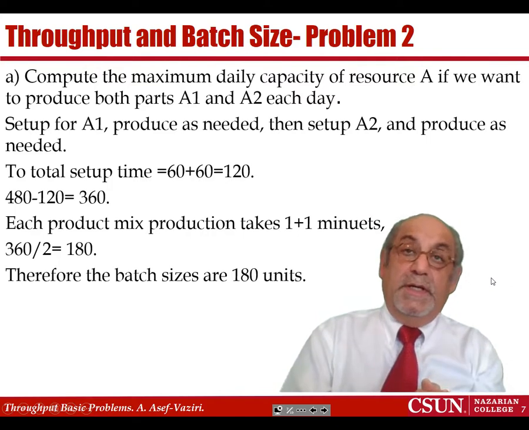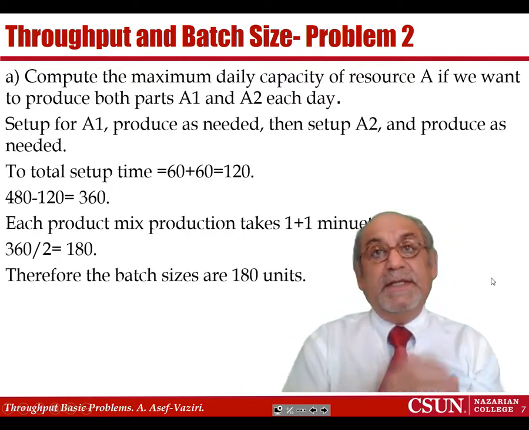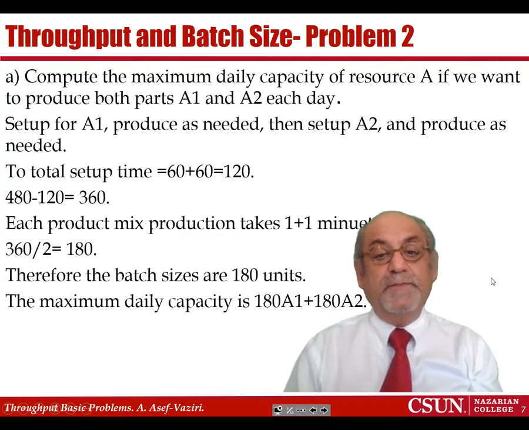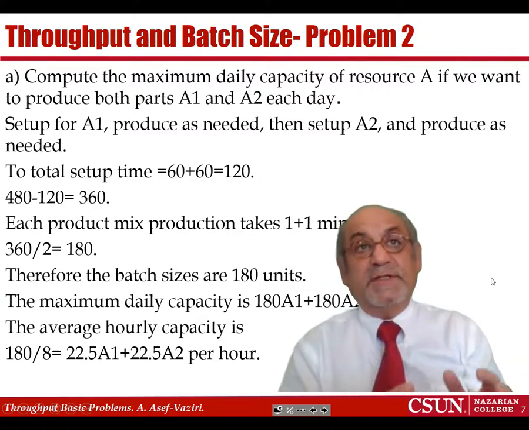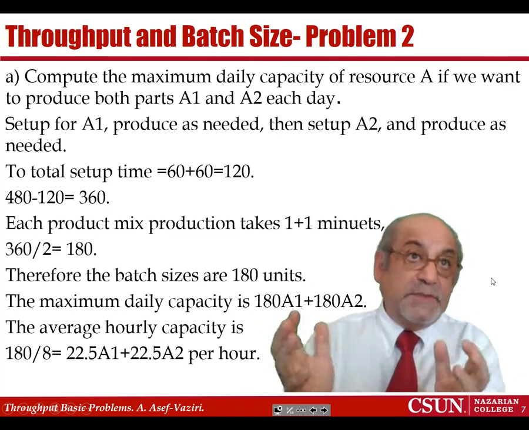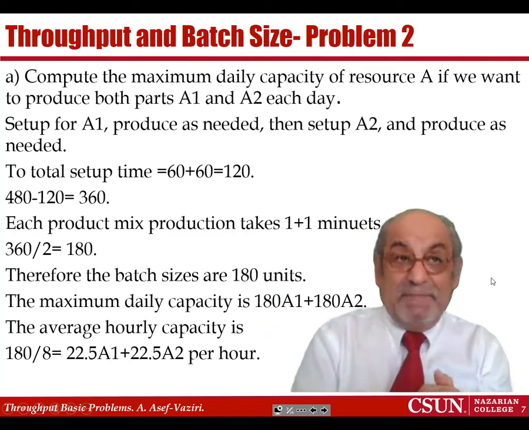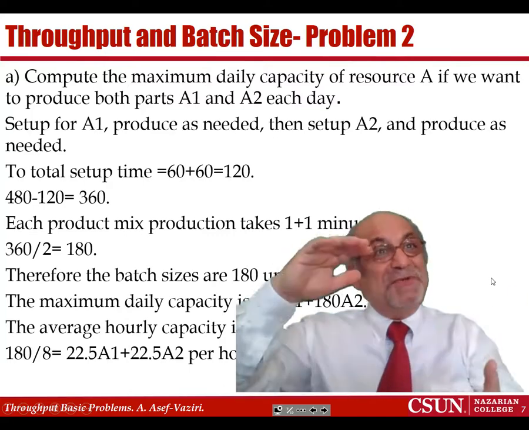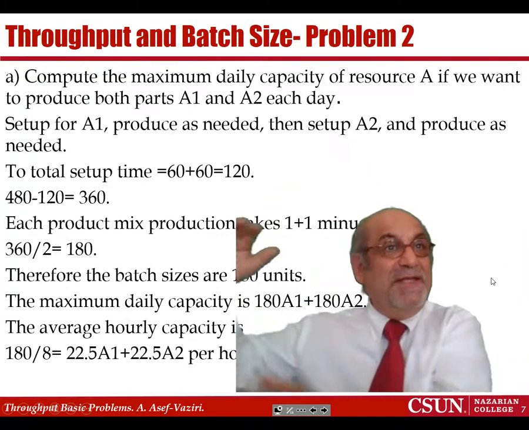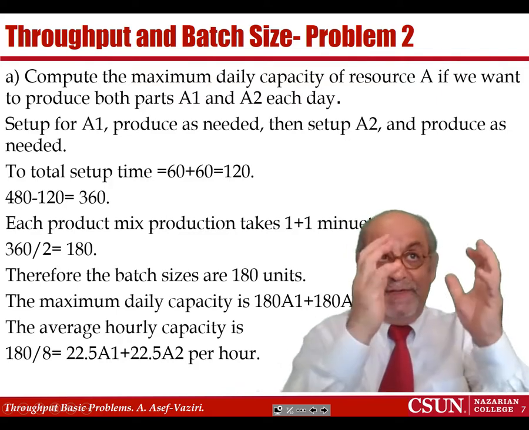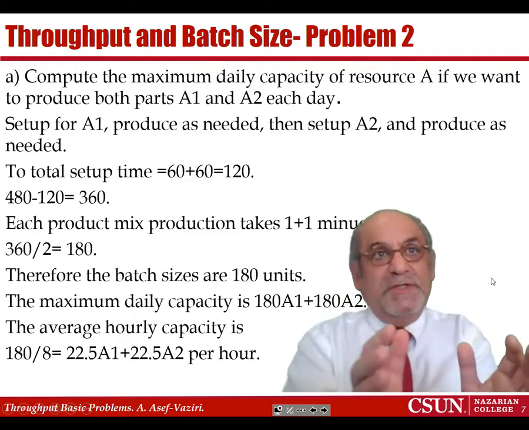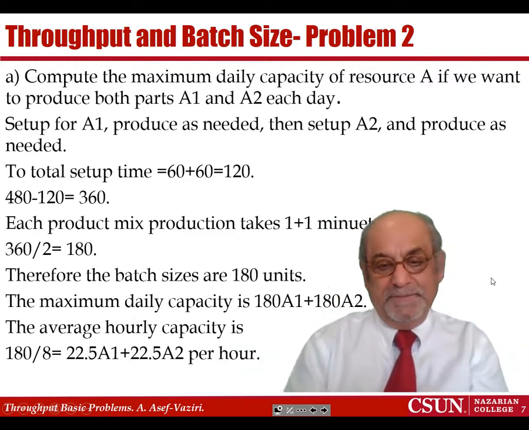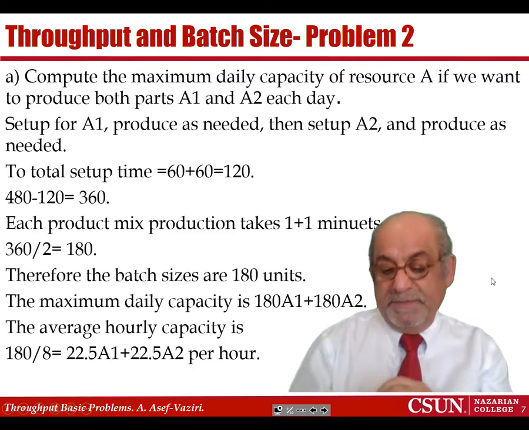If I want hourly capacity, a day is 8 hours, I can define 180 by 8, which gives me 22 and a half product A1, 22 and a half product A2. So that's capacity per hour, but don't forget the inventory is still half of 180 and half of 180, because we set the machine and produce everything. It is not that we produce 22 units and then switch to the other. But that average still has a meaning.